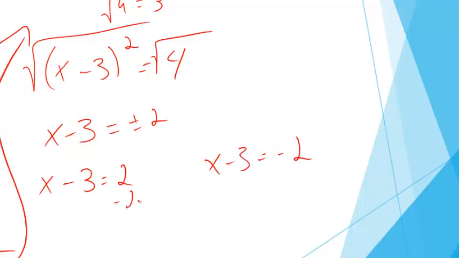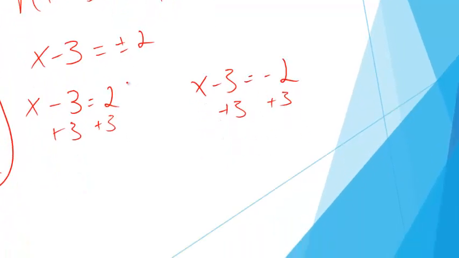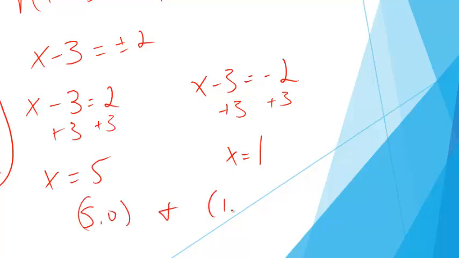Now to get x by itself, we're going to add 3 to both sides. So then x equals 5 and x equals 1. So our solutions are 5, 0, and 1, 0.